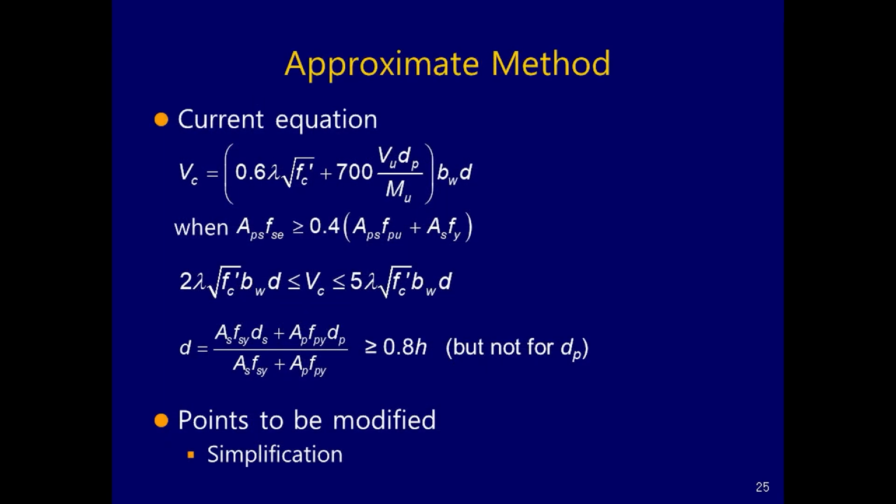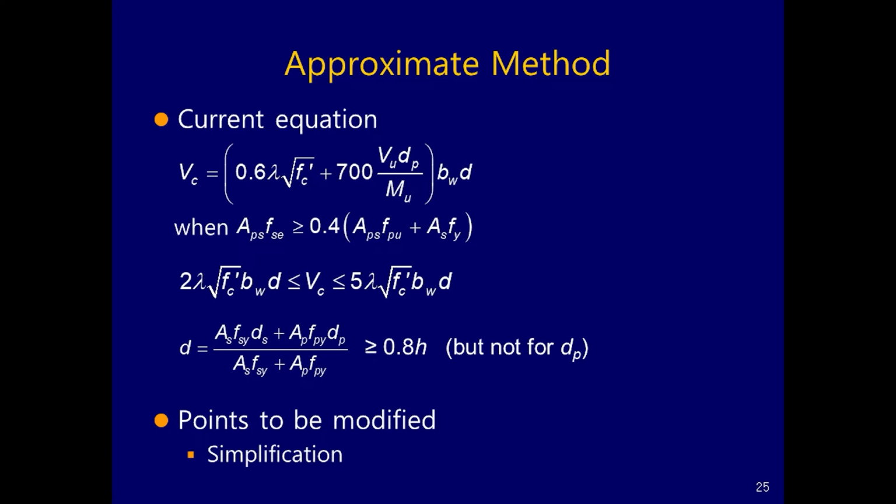Here's the approximate method. The current equation looks simple, but an approximate method is supposed to be very simple. First, the condition under which you can use this approximate method is not clear about where it comes from. And this lower bound and upper bound are so unclear to me.